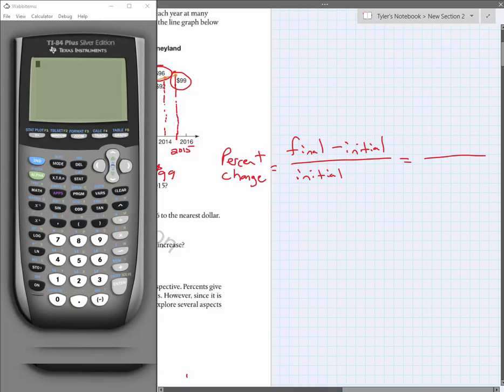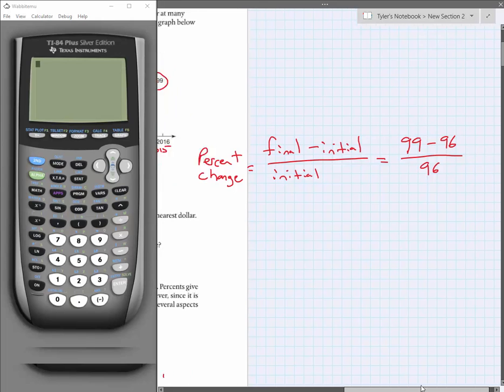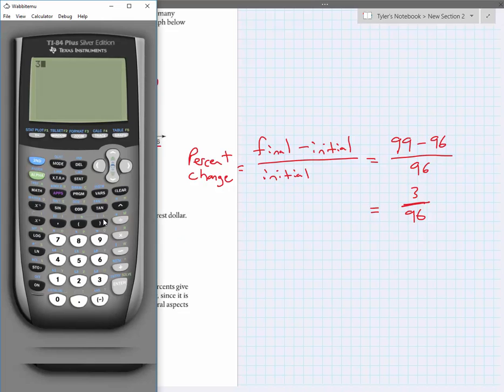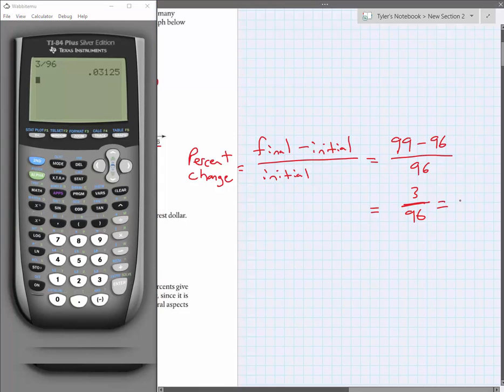The final value here was $99, that's what we ended up with, and the initial was $96. If we fill these in, we get 3 over 96. If I take 3 divided by 96 in my calculator, I get a decimal approximation, 0.03125.